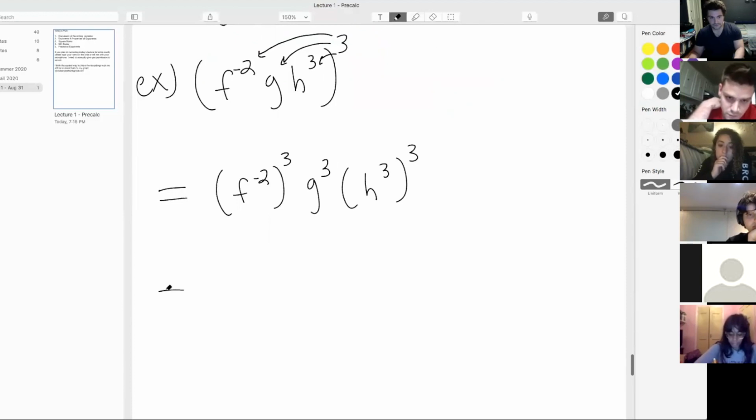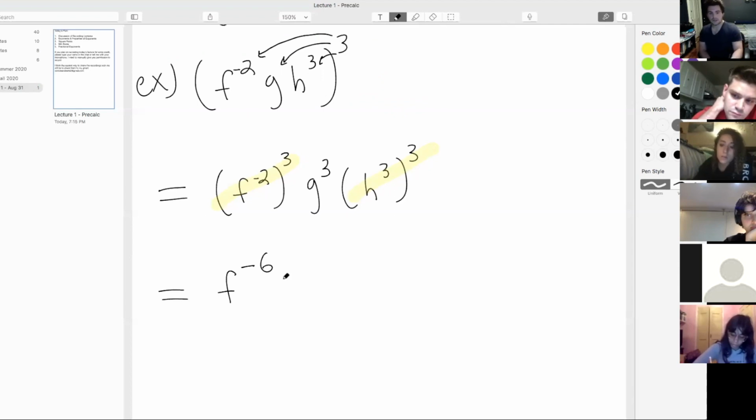Okay, I just brought that power of 3 to each factor. Now, what's very cool is that we have rules to deal with this guy and that guy. That was the power to a power rule. You just multiply the powers. So this is going to be f to the minus 6, because that's what 3 times negative 2 is.